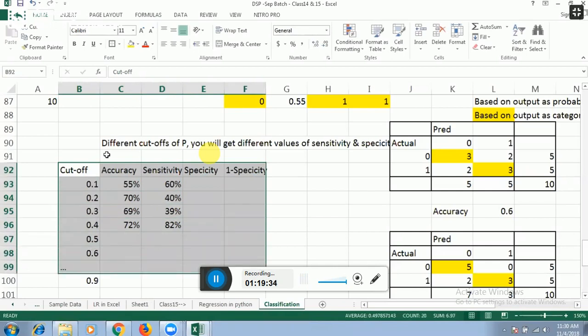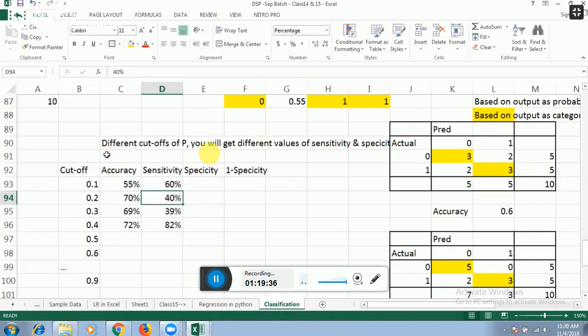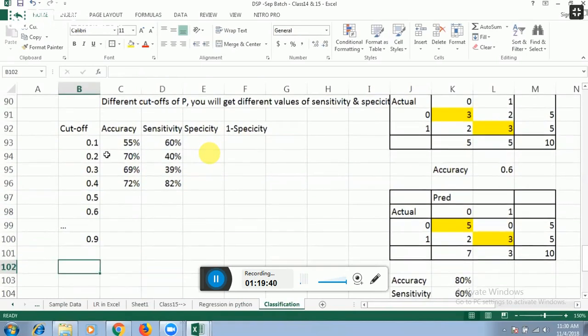Yes or no? And if I take this one, I can decide the cutoff by using this table. How to decide cutoff? Whichever cutoff gives me high accuracy. So I can use any of these methodologies to choose the best cutoff.